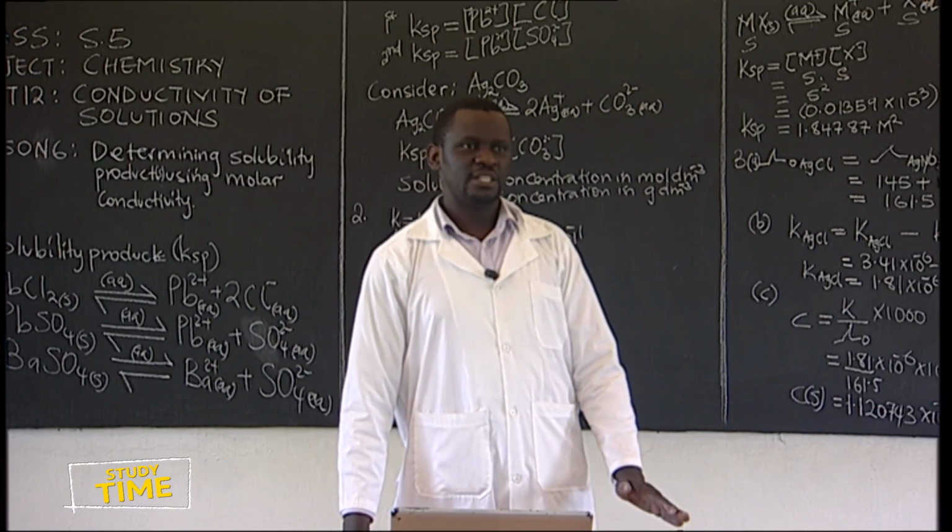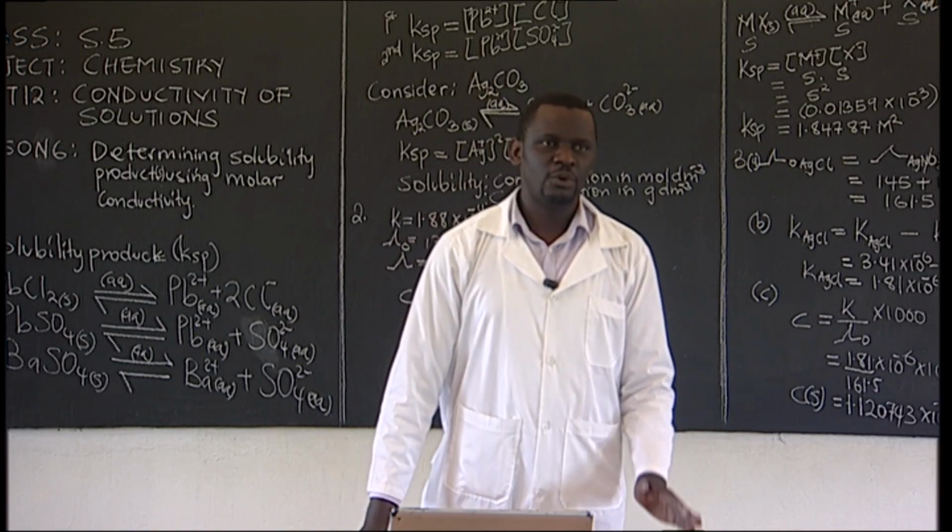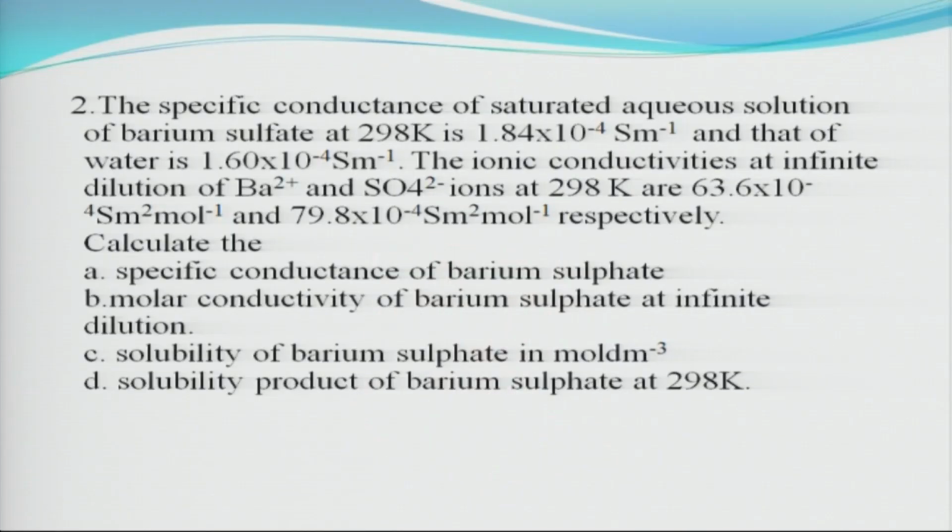This time they have given us two types of Ks. That is the specific conductance. And they've given us the ionic conductivity of barium and sulfate. Meaning if you want to get the ionic conductivity at infinite dilution, you need to add both of those ones. Then you use them to get, for example, the question is asking, calculate the specific conductance of barium sulfate.